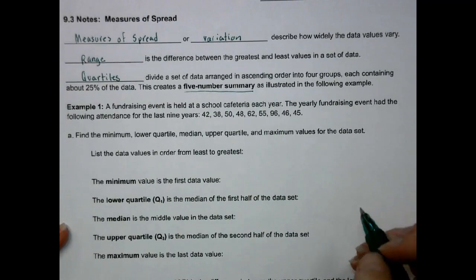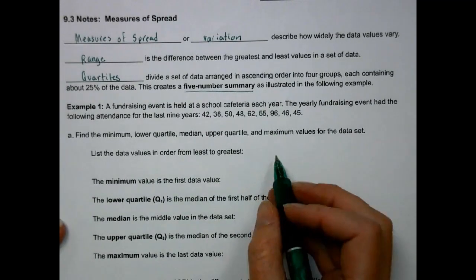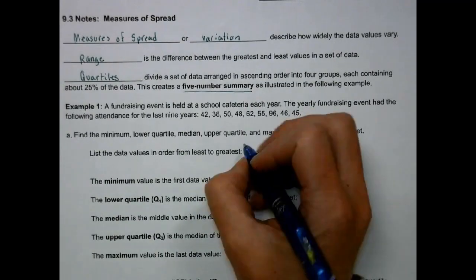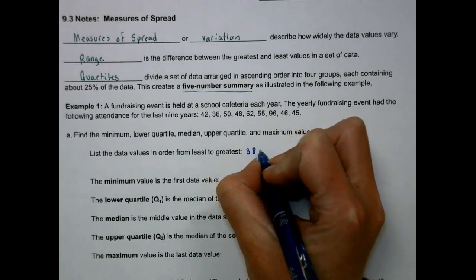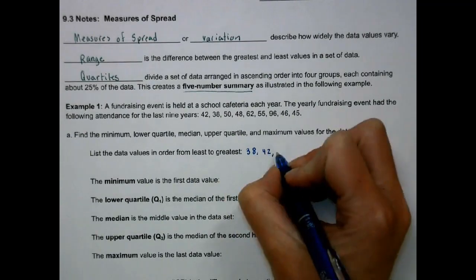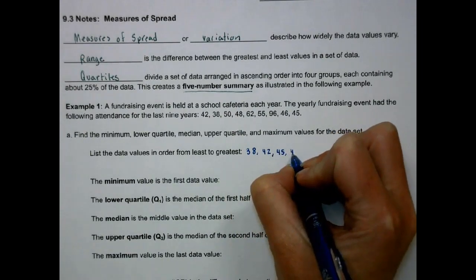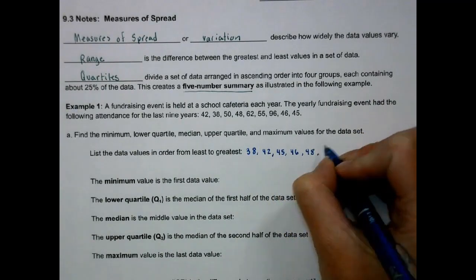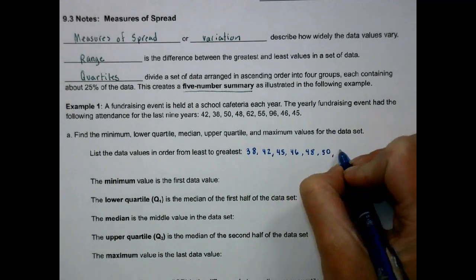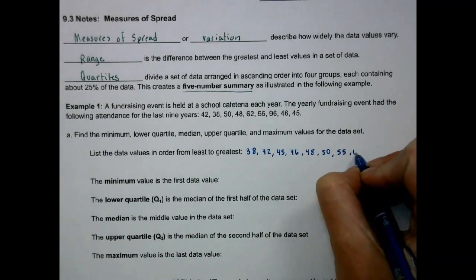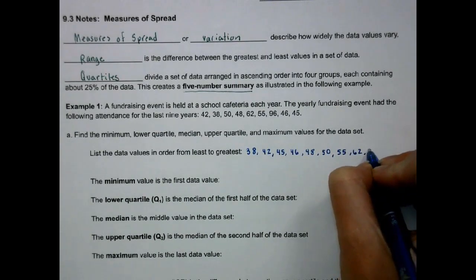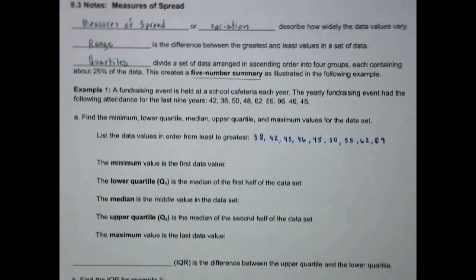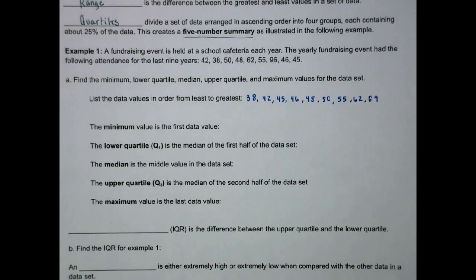First I'm going to put our data in order from least to greatest. Then I'm going to fill in my number summary based on that.